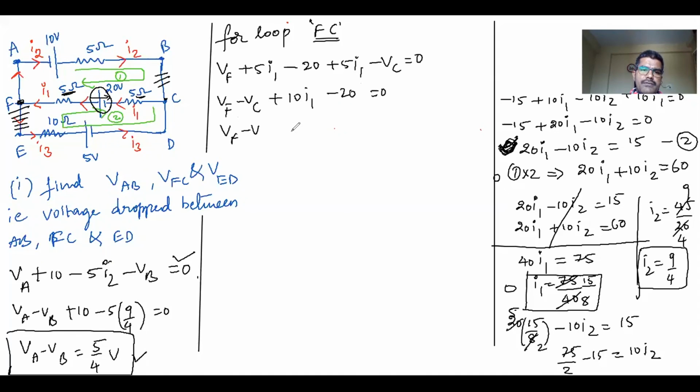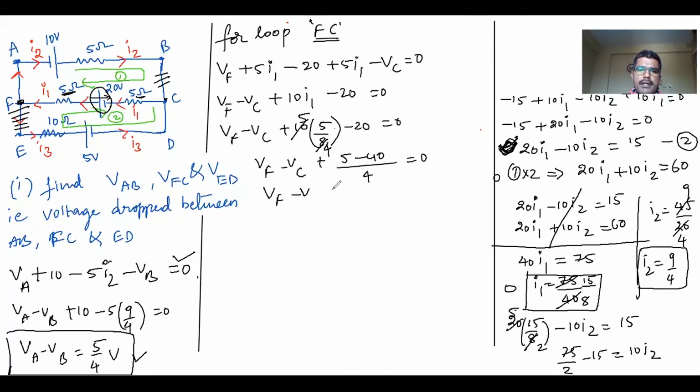VF minus VC plus 10 into I1, which is 5 by 8, minus 20 is equal to 0. 2 5s 10, 2 4s 8. VF minus VC plus 5 minus 40 divided by 4 is equal to 0. VF minus VC is equal to minus of 5 minus 40, which is minus 35. Minus 35 divided by 4 volt. That is number 2, VF minus VC we have got.